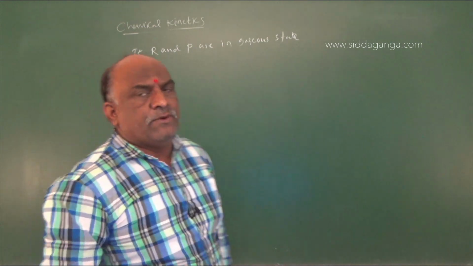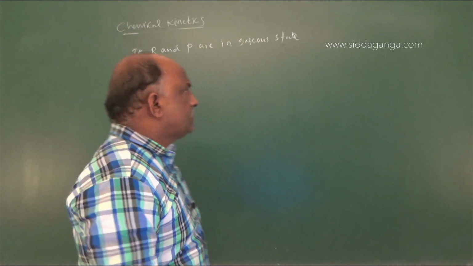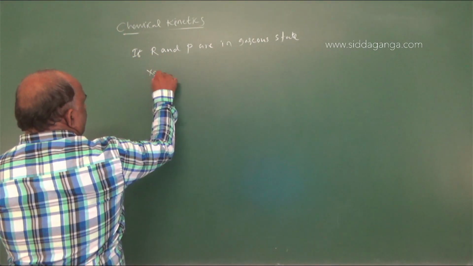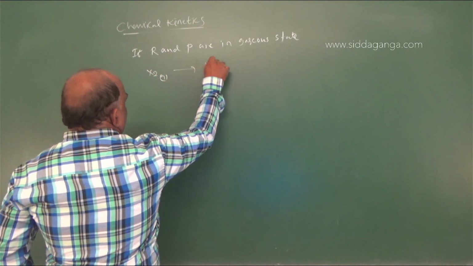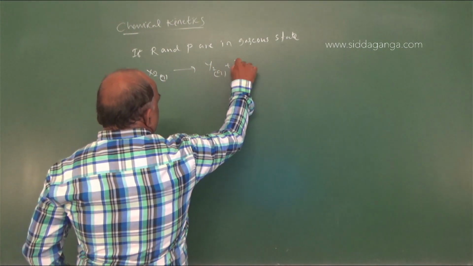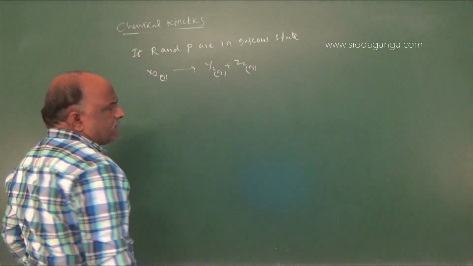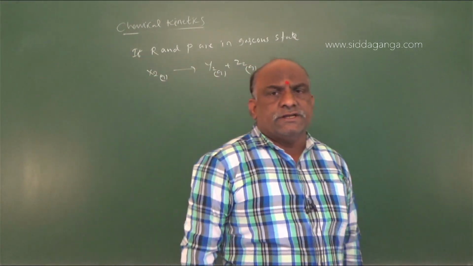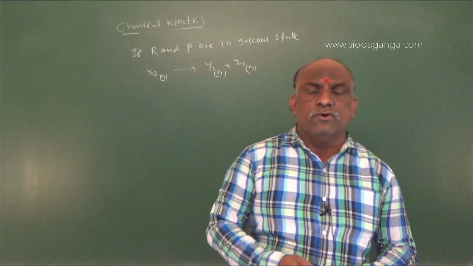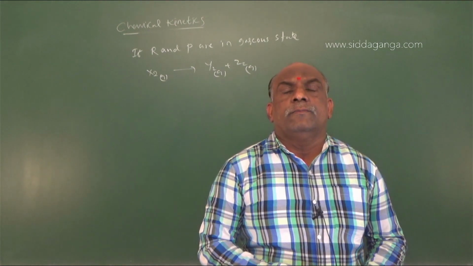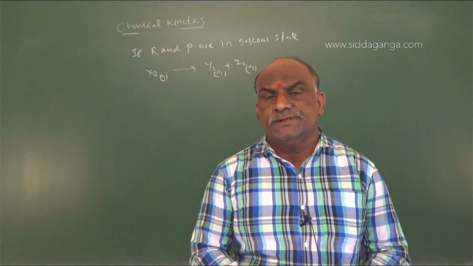If reactants and products are in gaseous state, suppose X2 gas gives rise to Y2 gas plus Z2 gas. So for gases, we should not go with concentration. We should go with partial pressures and total pressure.